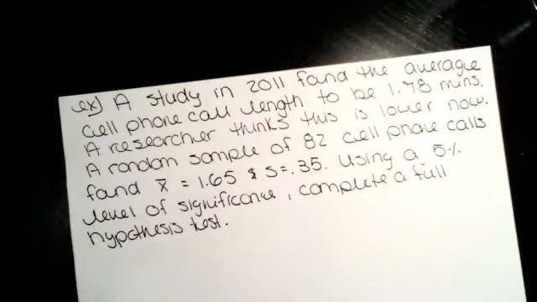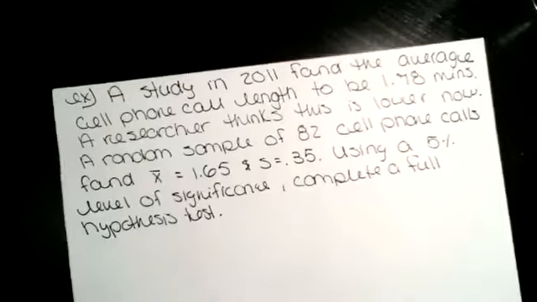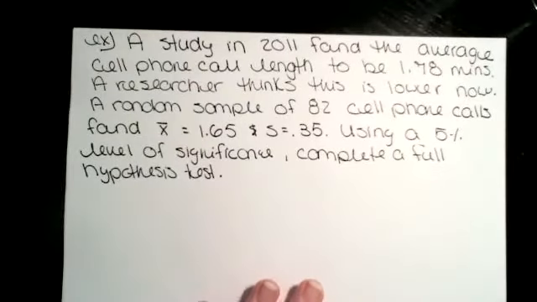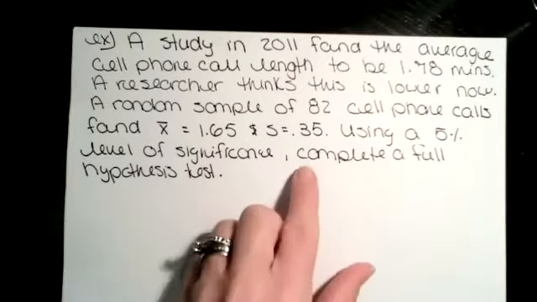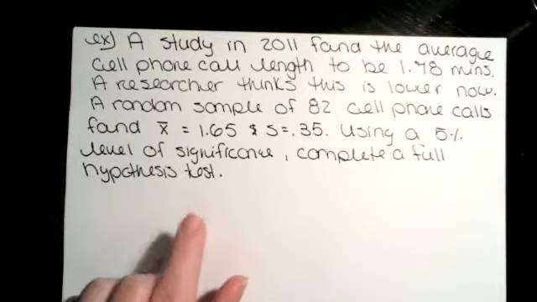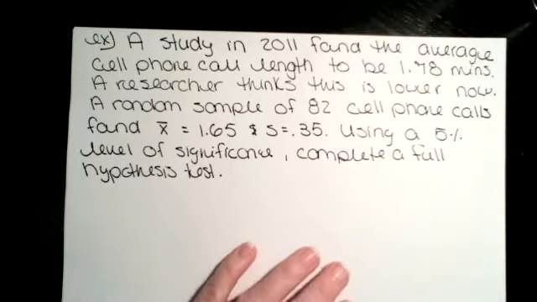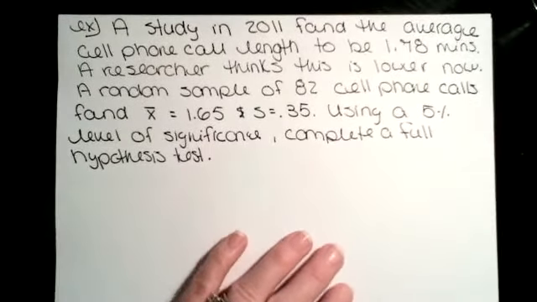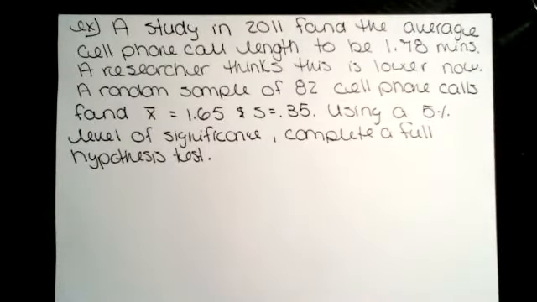Okay, so here's a problem that you guys might get, something like this. Guys, I want you to realize that anytime I ask you for a hypothesis test, it will say complete a full hypothesis test. This means I want all 5 steps. I want everything described to me. I want everything written out, okay? Every time I ask you. I will never ask you just for conclusion.